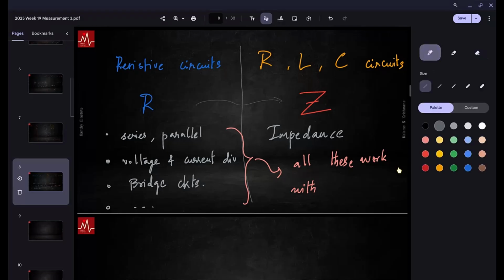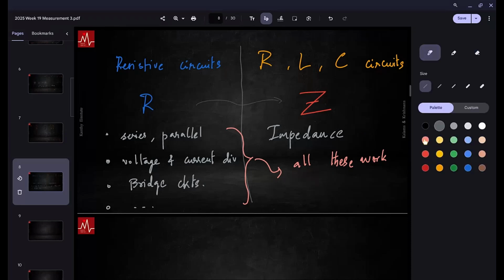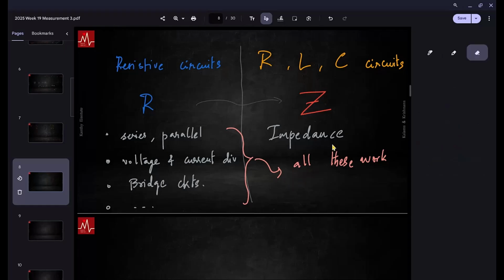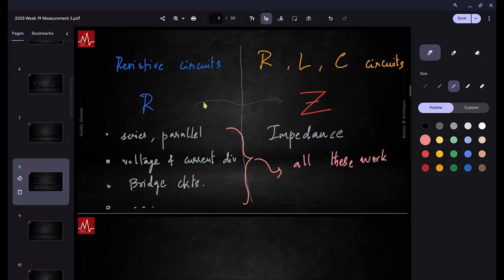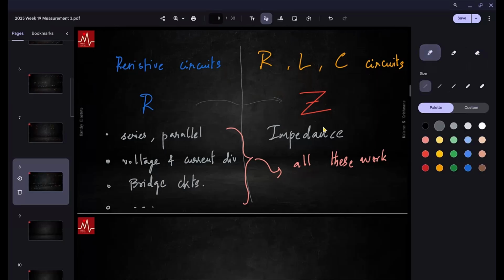So all this works if you use impedance instead of resistance. So you thought you only learned a small part of electrical circuits, but that small part can actually let you deal with all linear elements, RLC elements. It's very, very, very powerful.